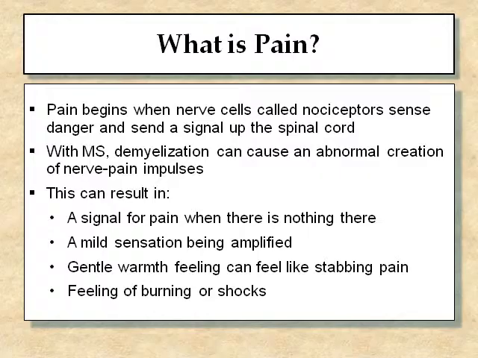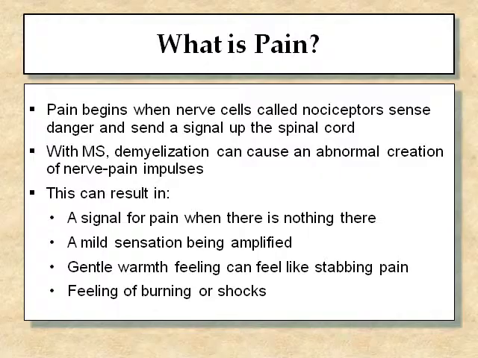However, with MS, the process of demyelination causes an abnormal creation of nerve pain impulses. And so there are signals being sent when there isn't any danger.